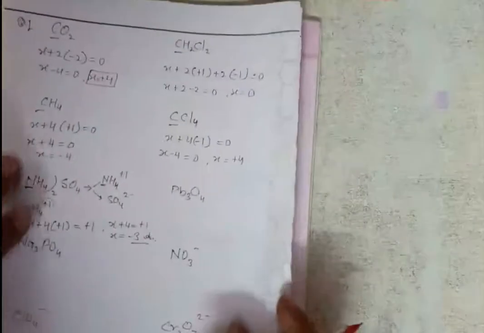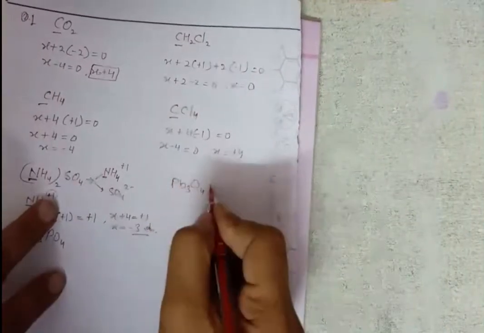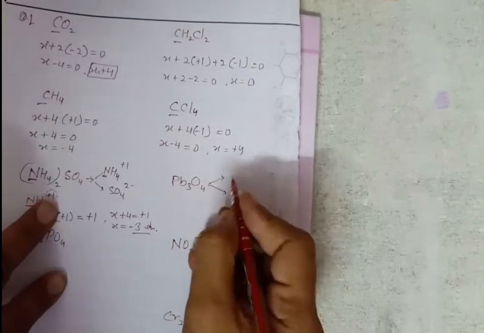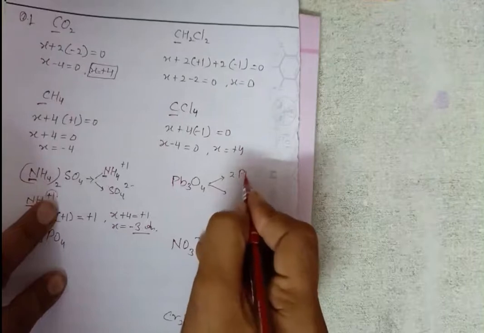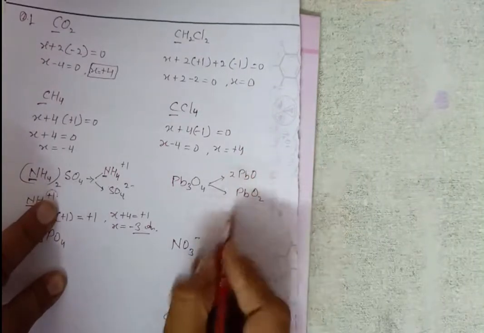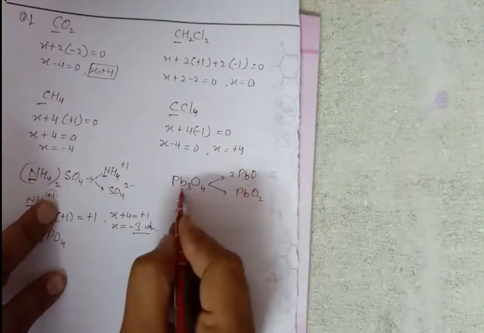Thank you. The next one is Pb3O4. Pb3O4 is actually a combination of two oxides of lead, 2 molecules of PbO and 1 molecule of PbO2. So 2 Pb here, 1 Pb here. Total how many Pb? Pb3.